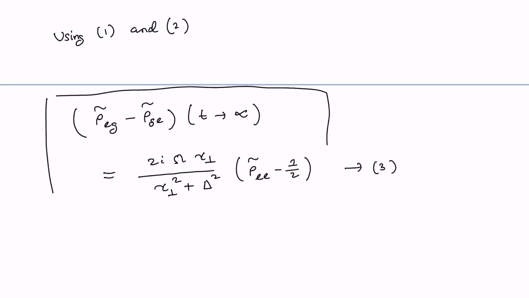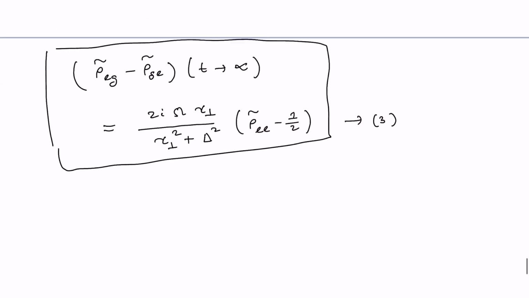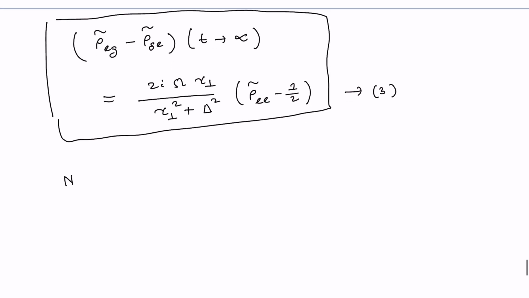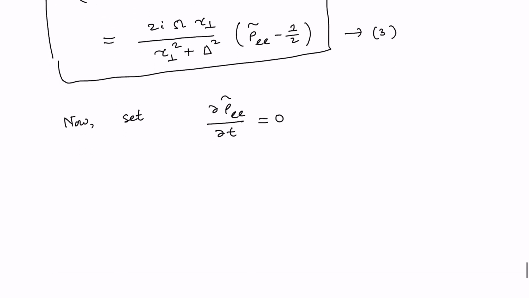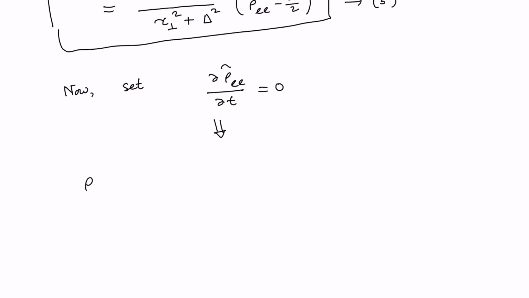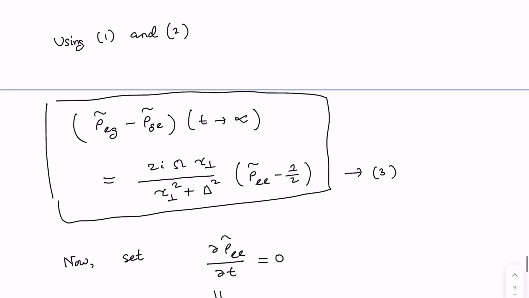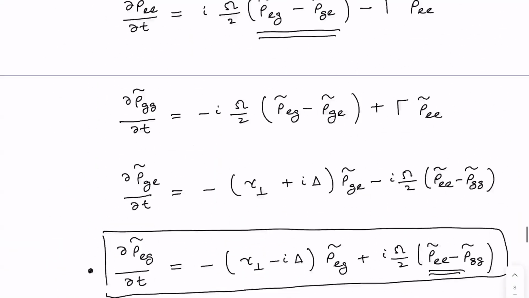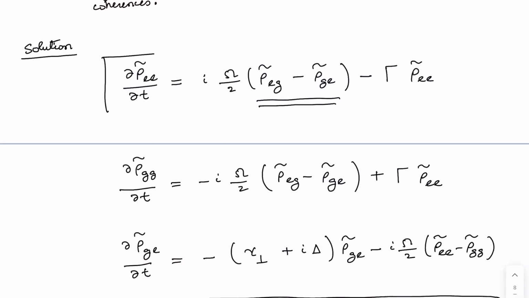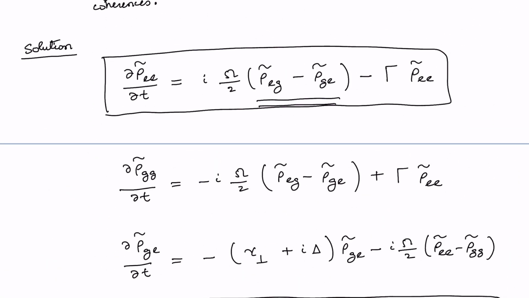Okay, now in the steady state, let me set delta rho tilde EE by delta t equal to 0, and this is going to lead me to rho tilde EE. Let us look at this equation once again, because now I am setting this on the left hand side.